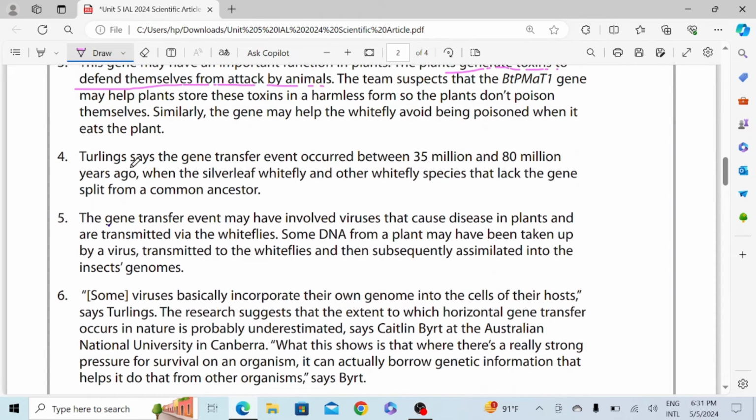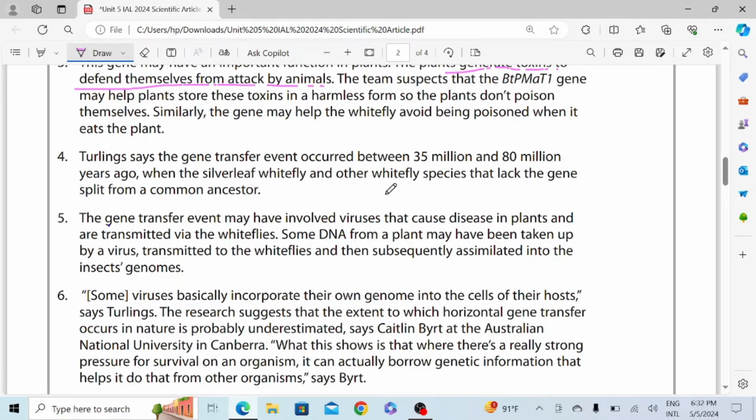Now, Tarlings says the gene transfer event occurred between 35 million and 80 million years ago when the silverleaf whitefly and other whitefly species that lacked the gene split from a common ancestor.